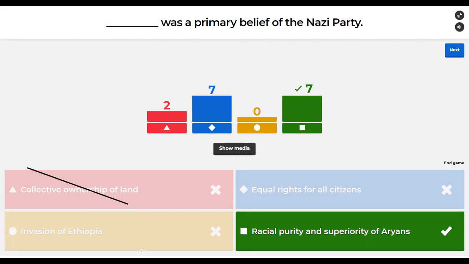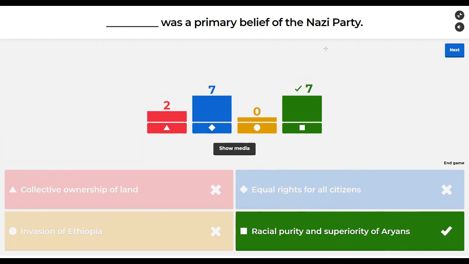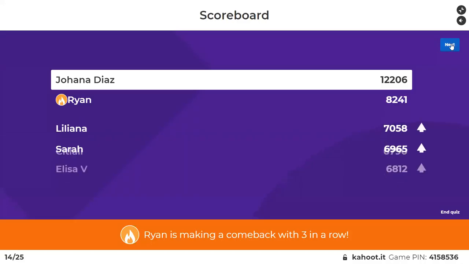Collective ownership of land is Russia. Invasion of Ethiopia was Italy. Equal rights for all citizens was none of these countries we've talked about. That only leaves, right, his Mein Kampf, in which he said the Aryans, right, blonde hair, blue eyes, are superior to everybody else. And that was their belief.